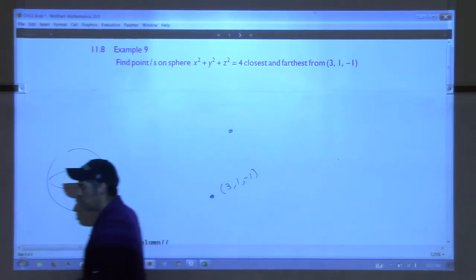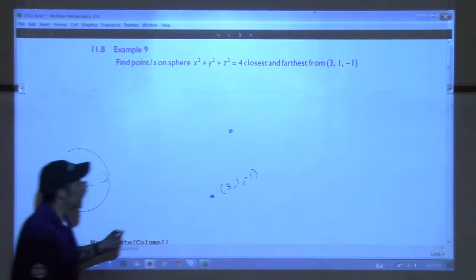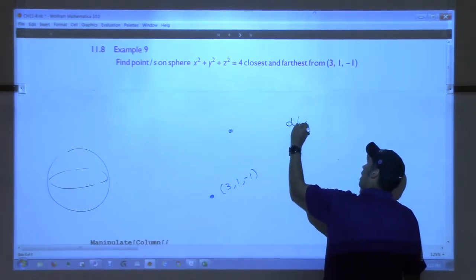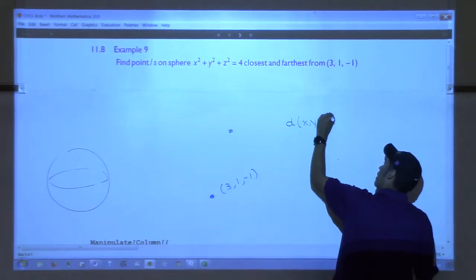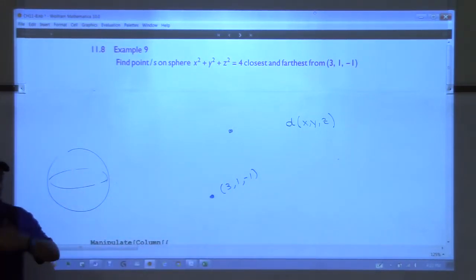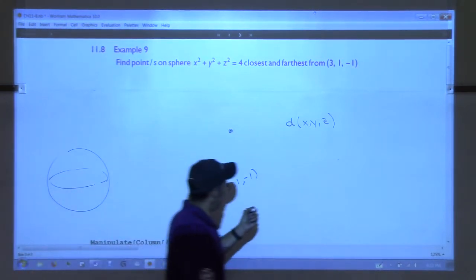So our distance function is going to be very arbitrary. Our distance function, which I'll call d(x, y, z), is the distance between our point and any arbitrary point in 3-dimensional space. So what is that function?